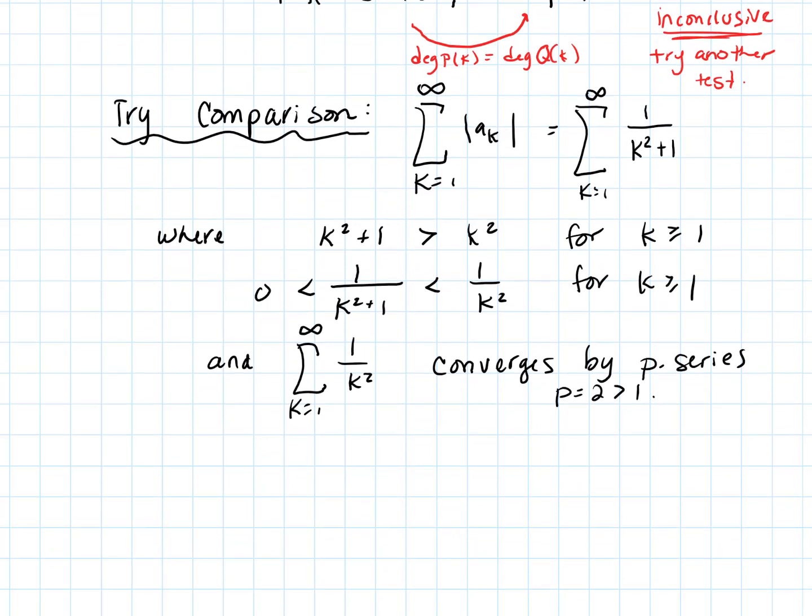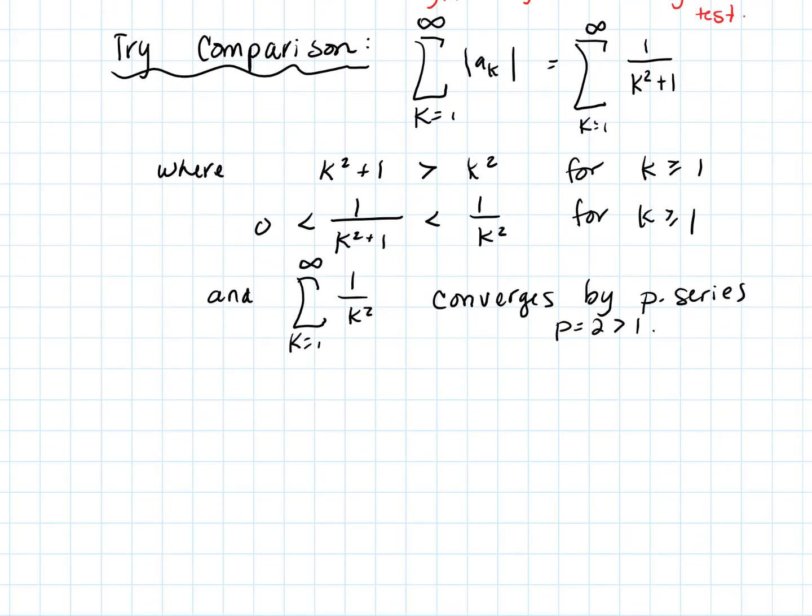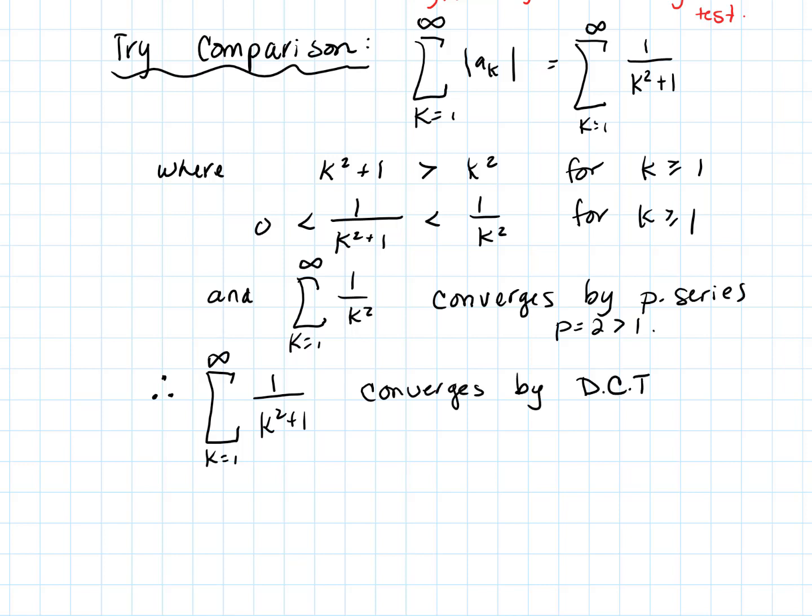So we have everything we need to show convergence, because we've just shown that the absolute value of my series is less than a converging series. Let's put it all together in our final statement. Therefore, the series 1 over k squared plus 1 converges by the direct comparison test.